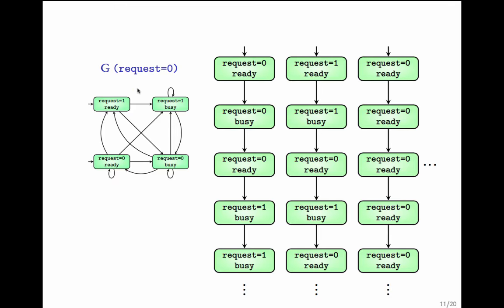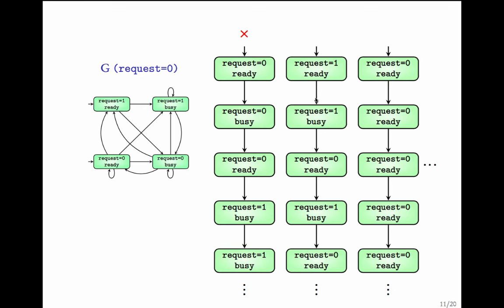Suppose I write the requirement G request equal to 0. Look at this execution. Is request equal to 0 always during this execution? No, because here request becomes 1. So this execution does not satisfy the requirement G of request equal to 0.